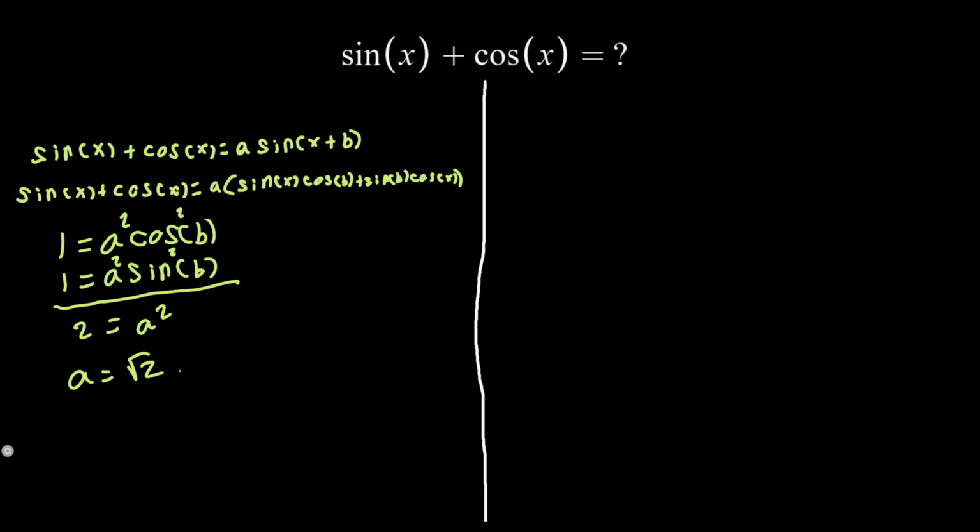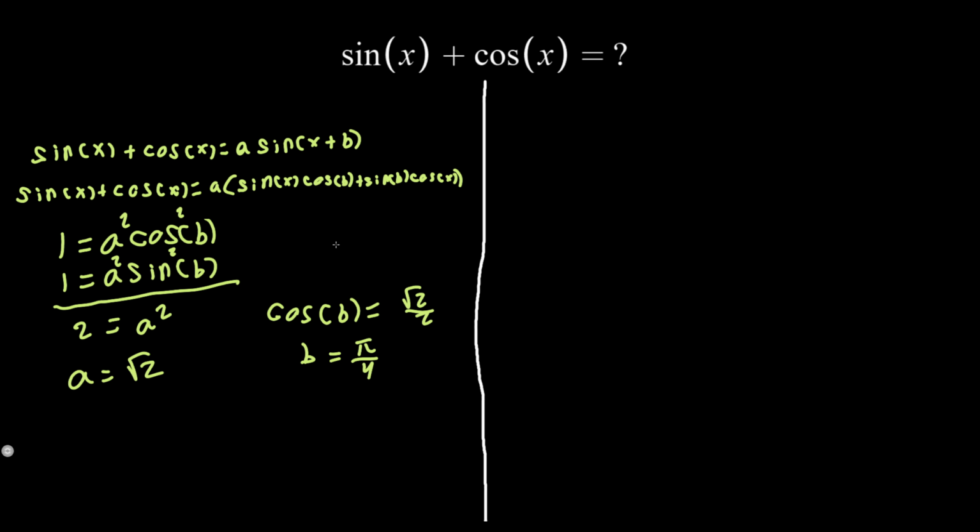And if we replace a with root 2, we do the cosine function. So cosine of b is equal to 1 over root 2, which is root 2 over 2. And here you could say b is equal to pi over 4, because we know that cosine pi over 4 is equal to root 2 over 2.